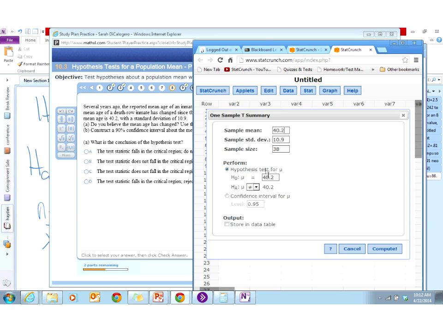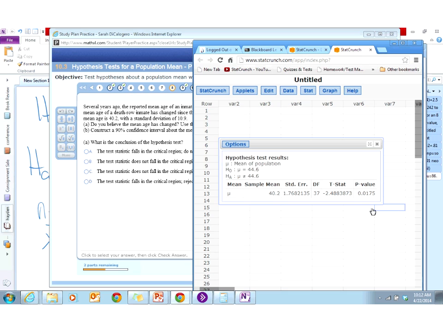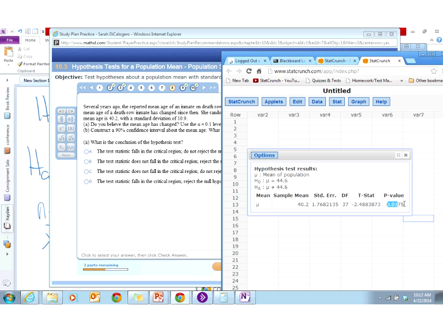Let me just double check my work. That's such a wacky number. Oh, here's what I forgot. Look what I did wrong. 44.6. See, sometimes when things don't look right, I gotta redo it. All right, our p-value is 0.0175. That makes a lot more sense to me. And our t-statistic is negative 2.48. So we're testing at the 0.1 level.